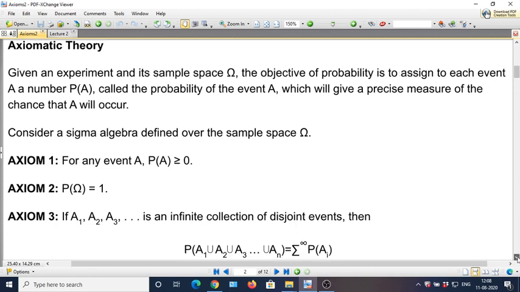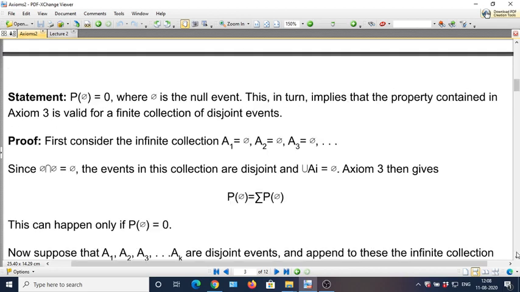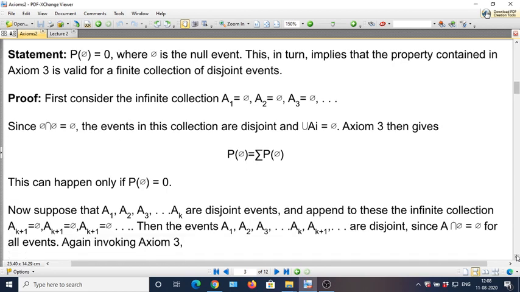Let A1, A2, A3 and so on be an infinite collection of disjoint events. Then the probability measure of the union of those finite or infinite collection of disjoint events is the sum of the probability measures.